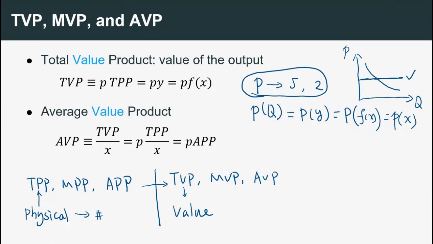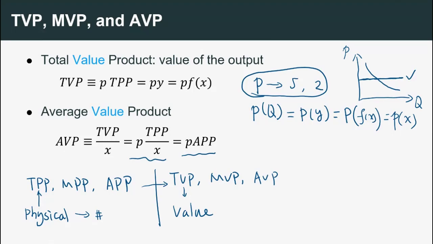So the average value product, again, is very similar to APP. It's going to be TVP over X. And if you write TVP as a product of output price P and TPP, then you can actually write your average value product this way. And if you put APP back here, you can find out that average value product is just the price of output times APP.